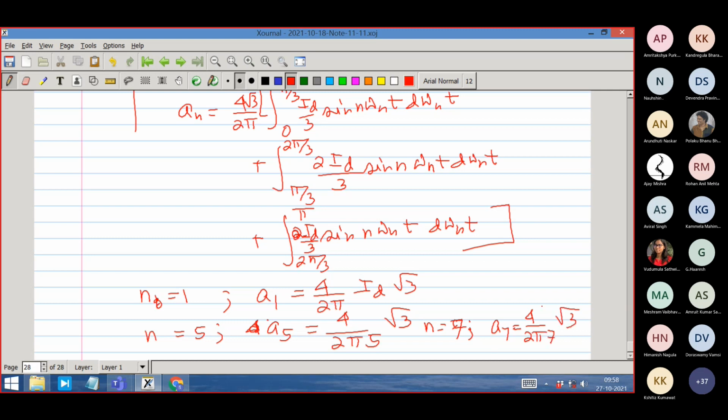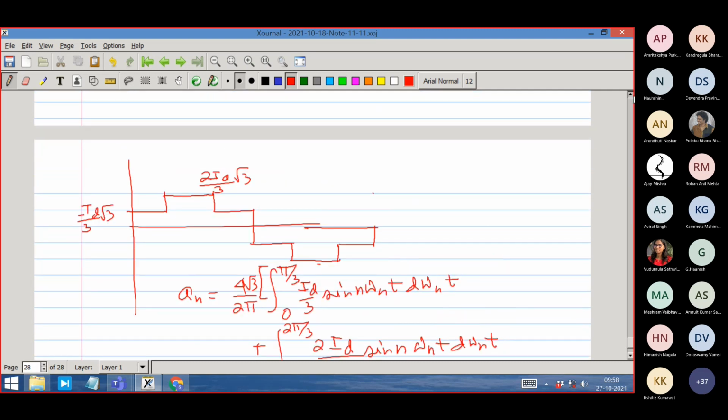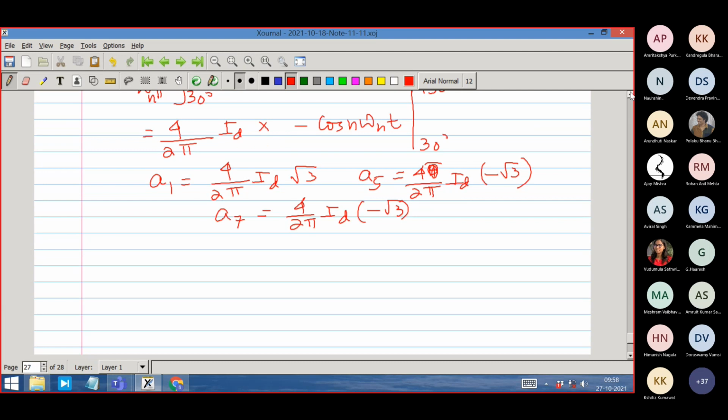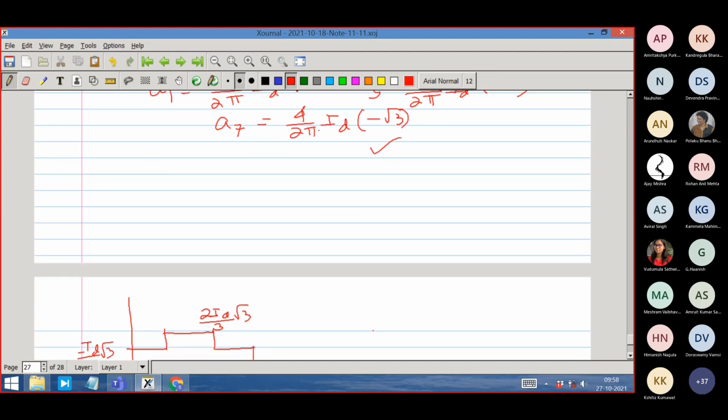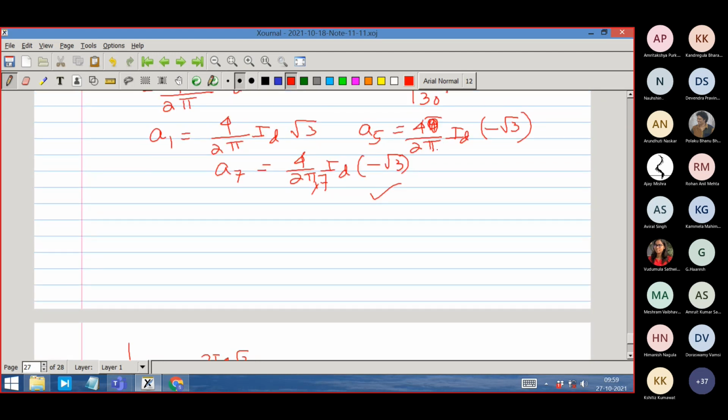These are positive numbers, and they will exactly cancel with the negative numbers that you will be getting here. So the A5 and A7 will cancel each other.